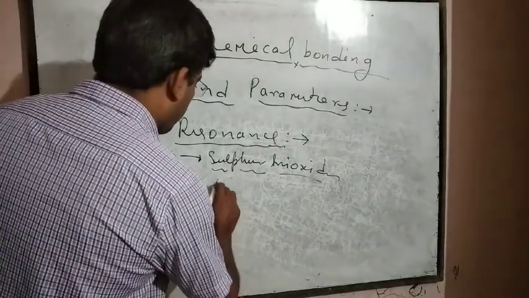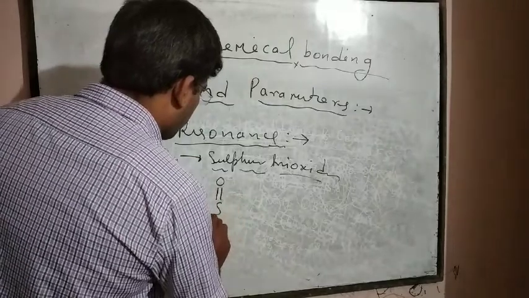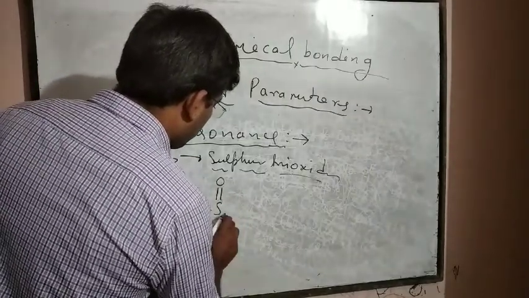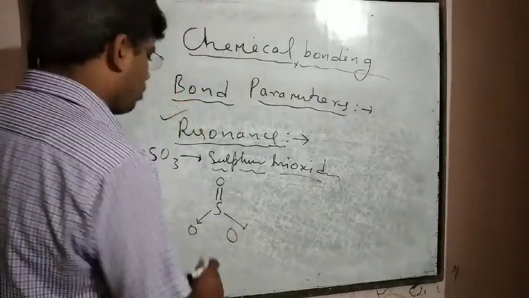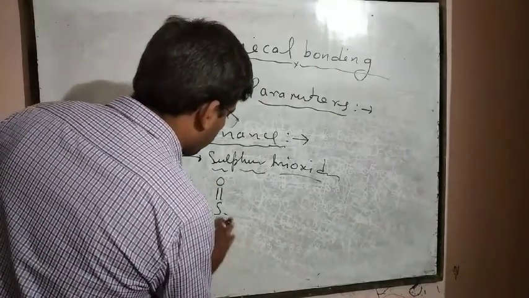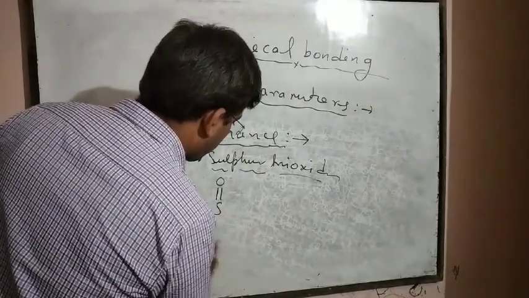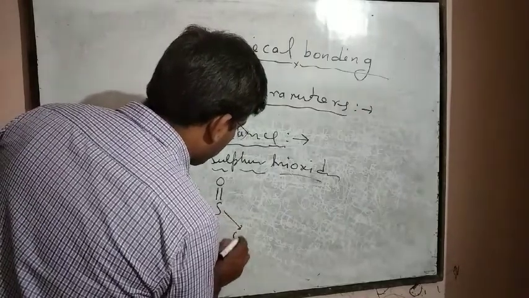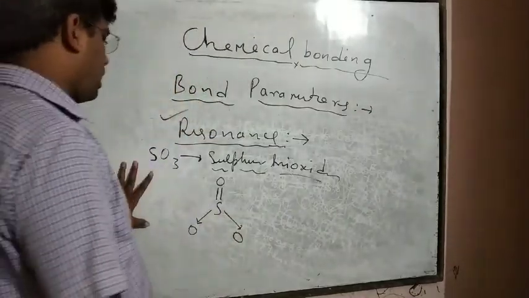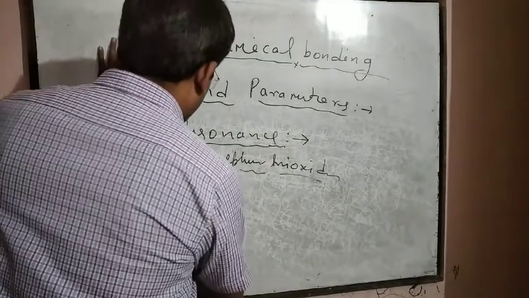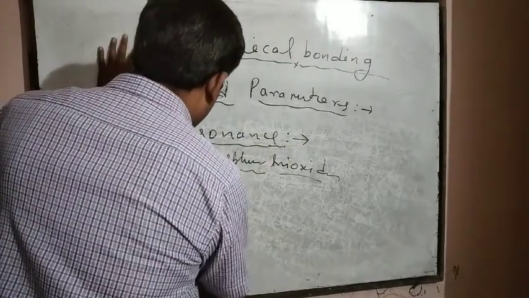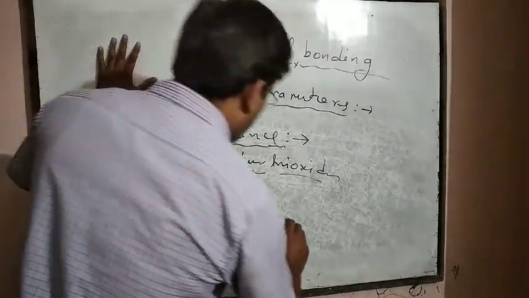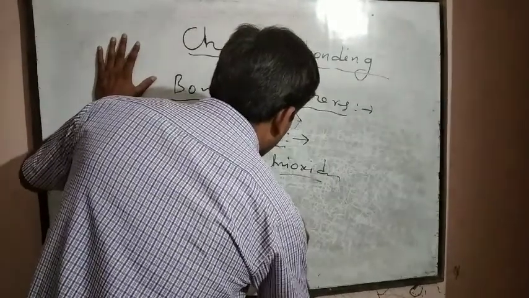S double bond O. This one is the first form, and another one is the second form.